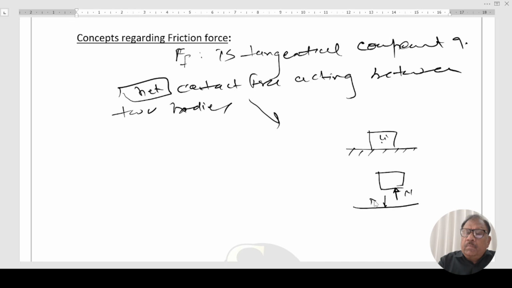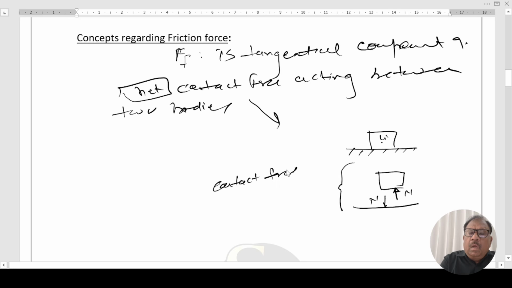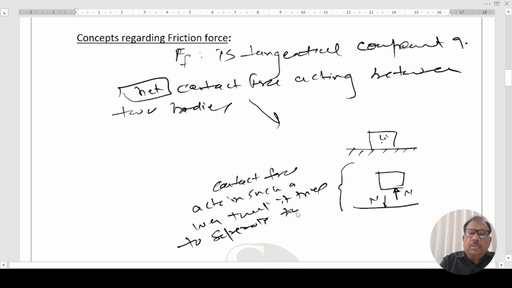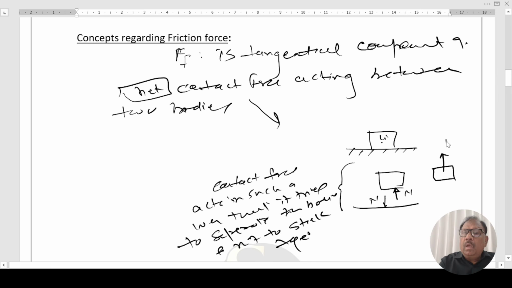This is N, this is N. Contact force acts in such a way that it tries to separate the bodies and not to stick them together.